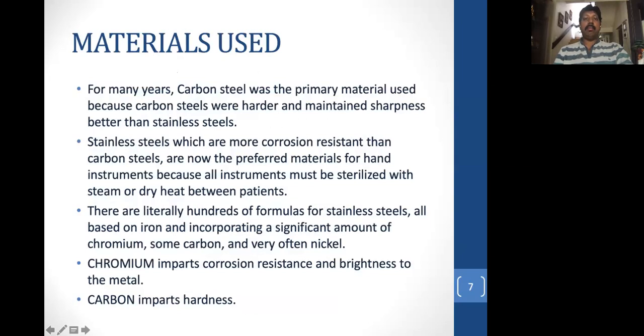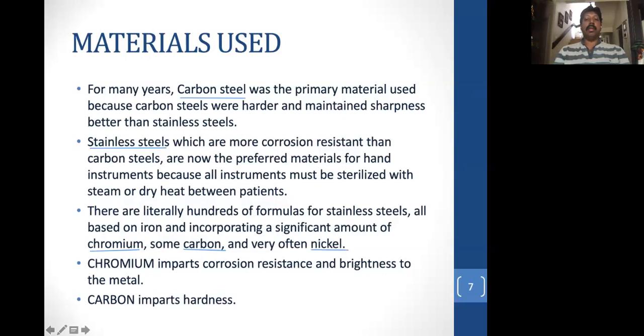Regarding the material used, initially carbon steel was used. Later, stainless steel. Then chromium, nickel chromium has been used. You should remember it like this: initially there was carbon steel, then stainless steel, then chromium, carbon and nickel were added.